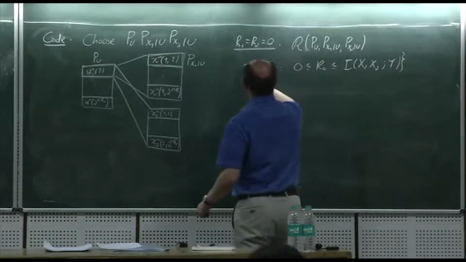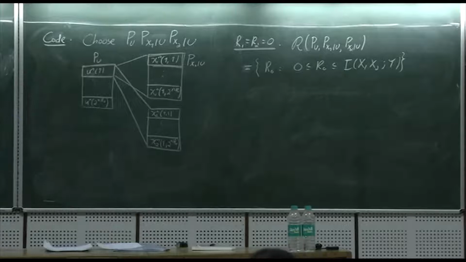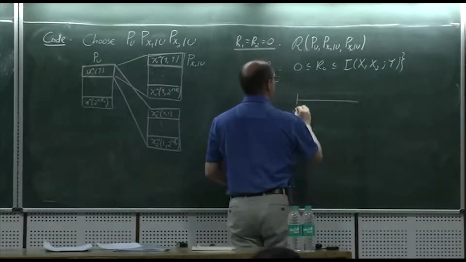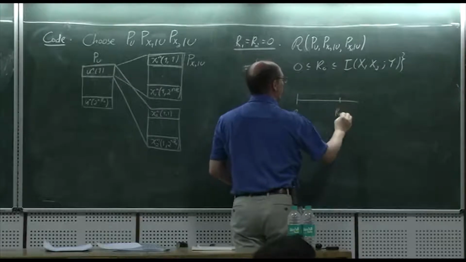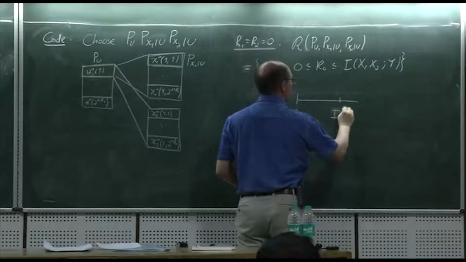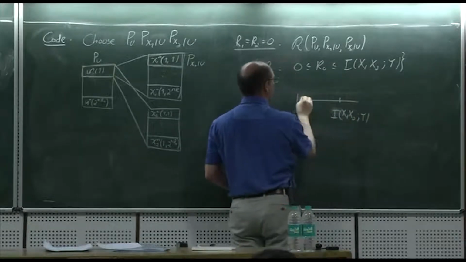That's the region, and the capacity region I'm claiming is the union of these sets, right? So it's just a one-dimensional set, starting from 0 going up to I(X1,X2;Y), and everything here is included.